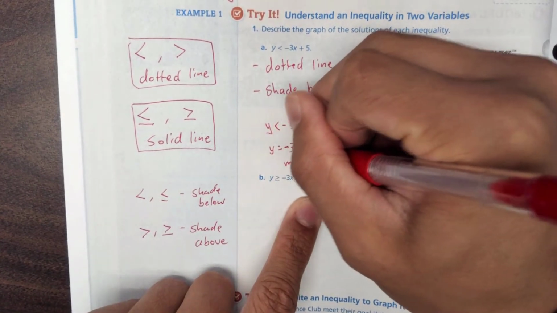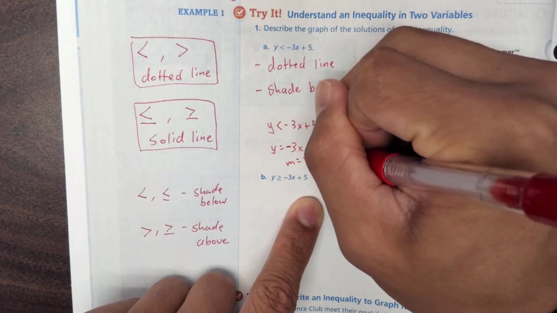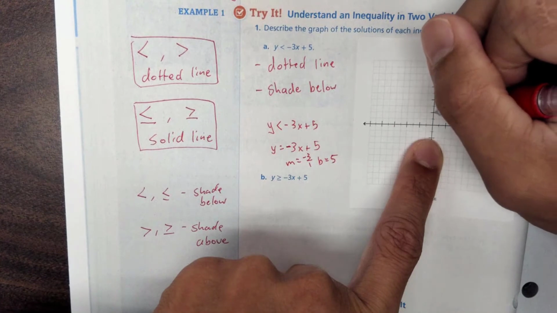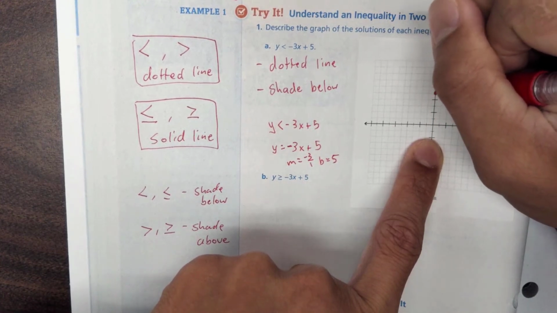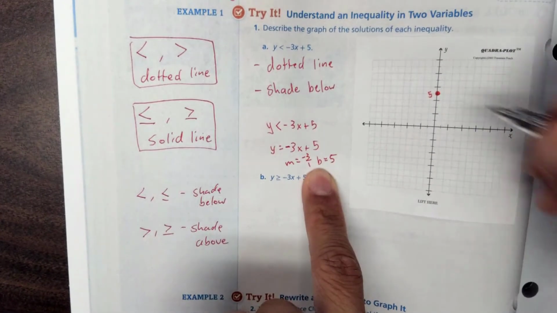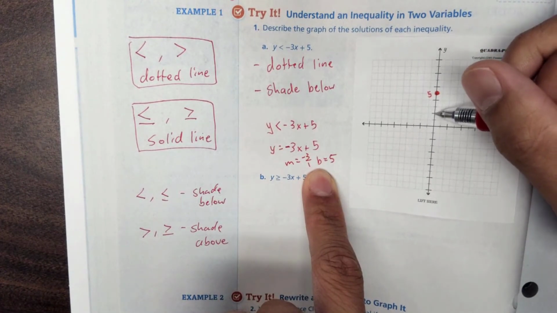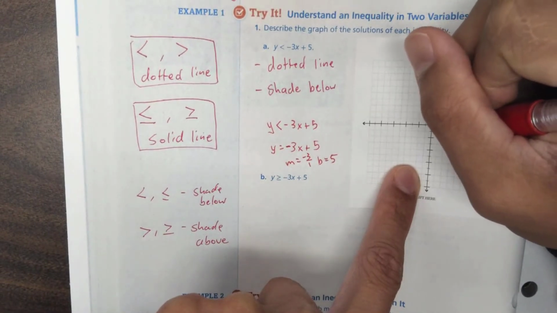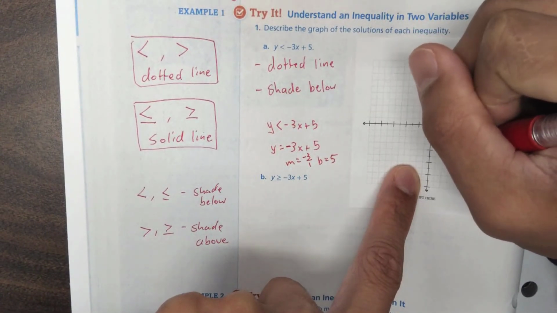The slope is negative 3 over 1. Your y-intercept is 5. So I'm going to go to 5 here, and use the slope of negative 3 over 1, down 3 over 1, down 3 over 1.